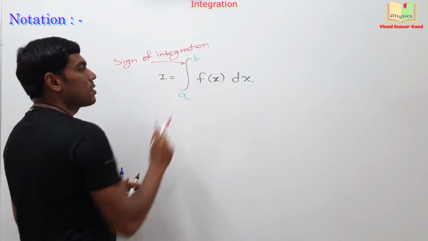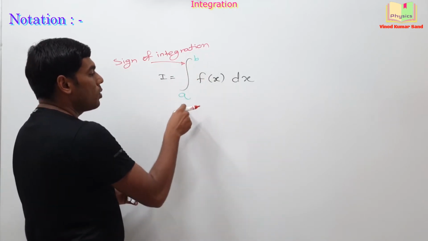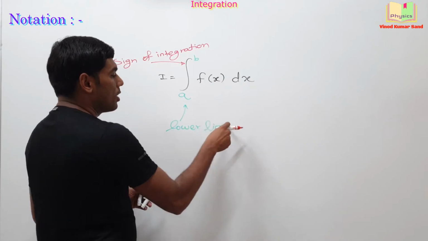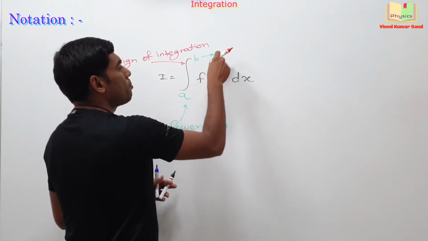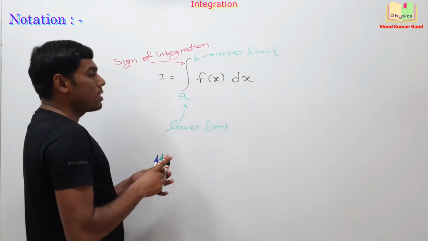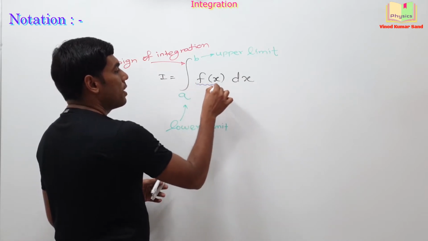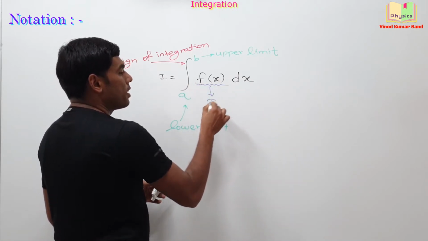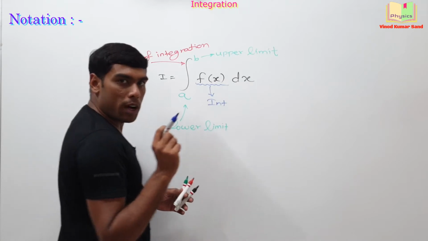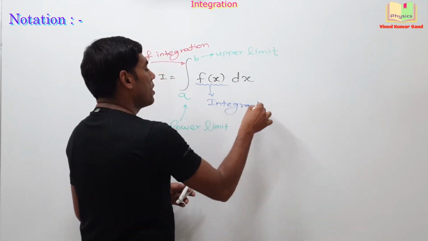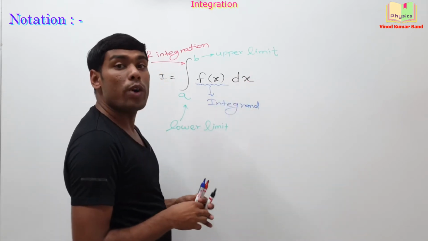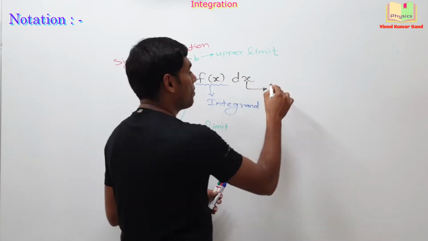This is a, this is b. Then this a is known as the lower limit. This b is known as the upper limit. This f(x) is known as the integrand, the function whose integration you are going to do. And this x is the variable of integration.